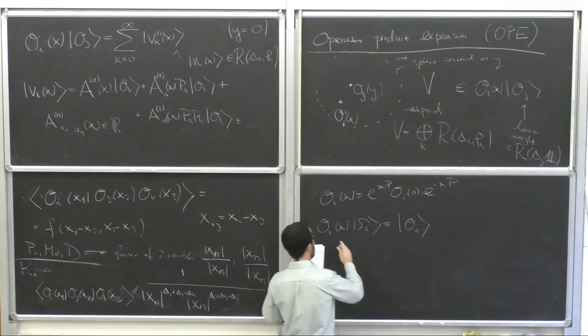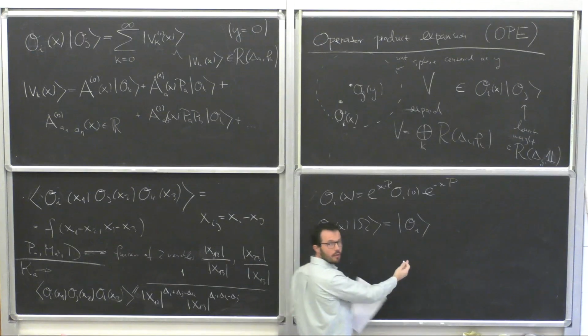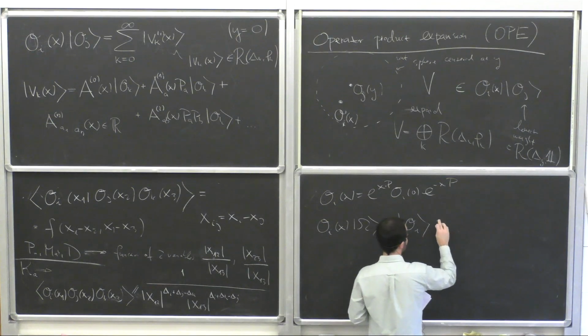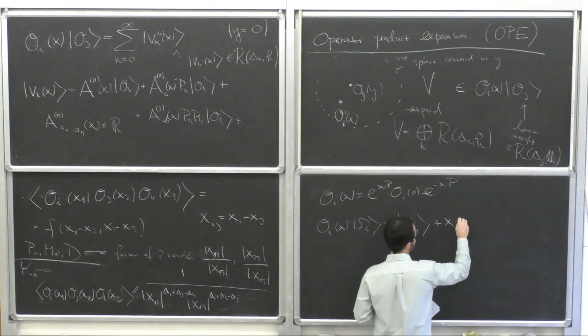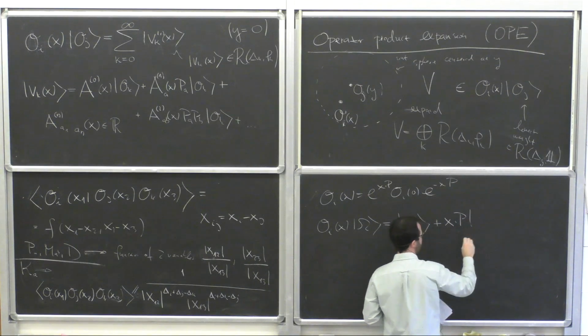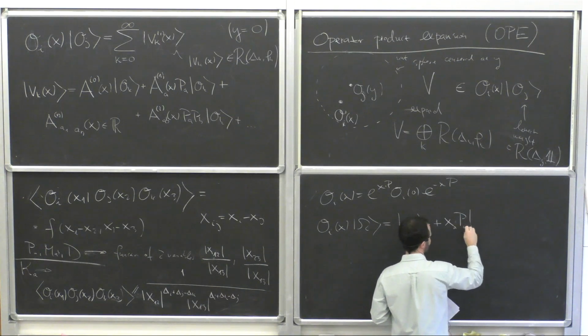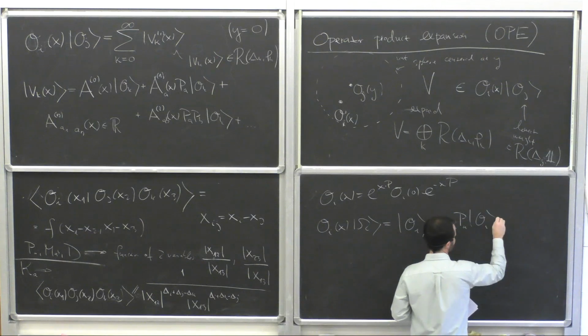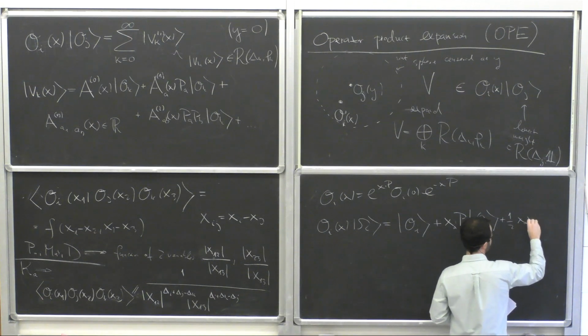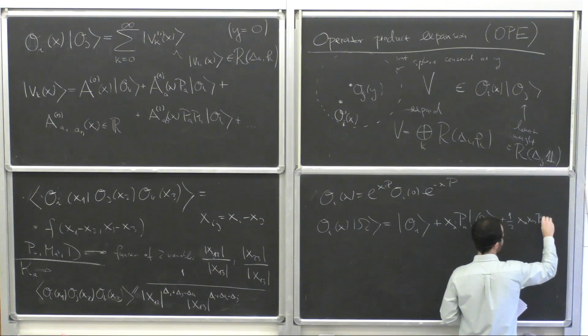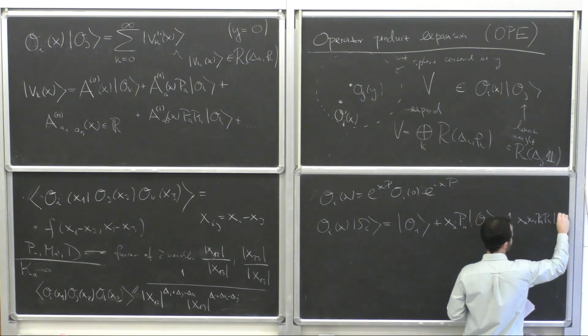This is an operator, but this is a state, and you're going to get the primary plus x^a P_a of the primary, plus x^a x^b P_a P_b of the primary, and so on.